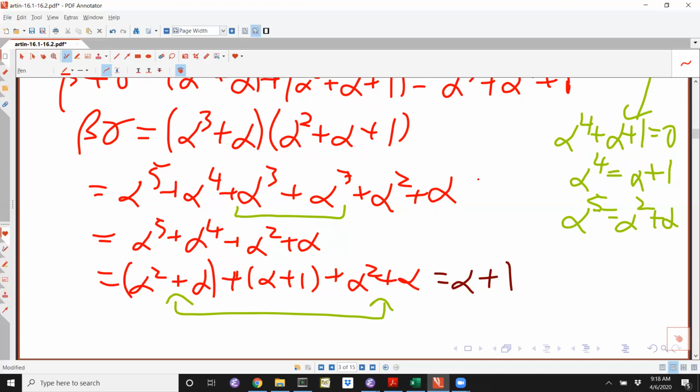A question from Ravi: when F is a field and m of x is a polynomial, then F[x] mod m is the same as adjoining a root of m to F. Yes, as long as m is irreducible.